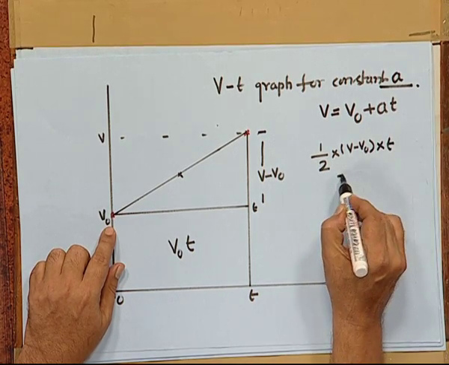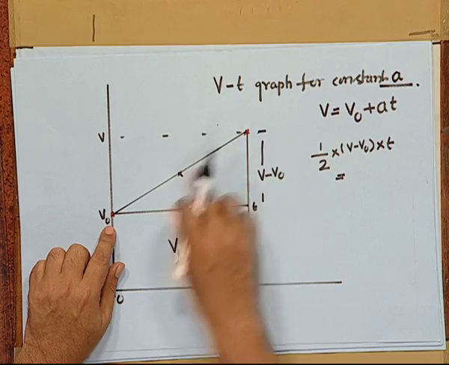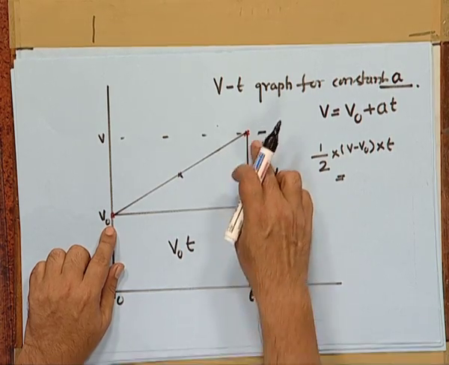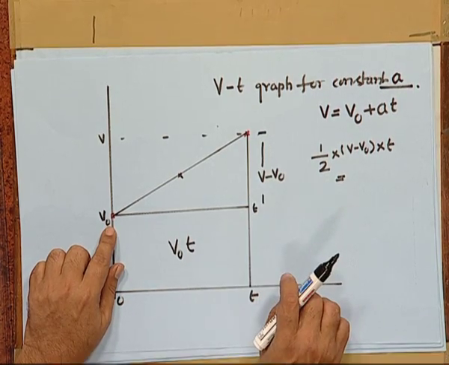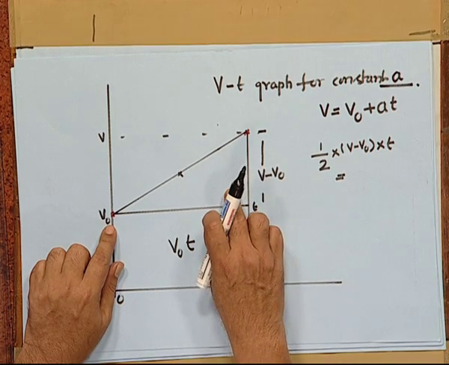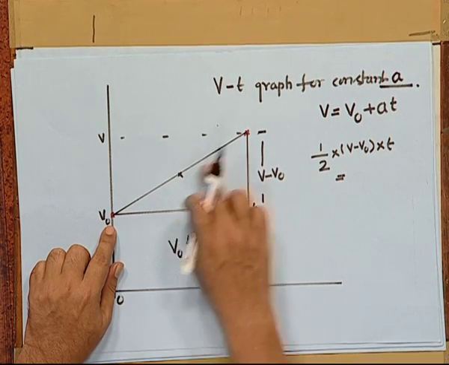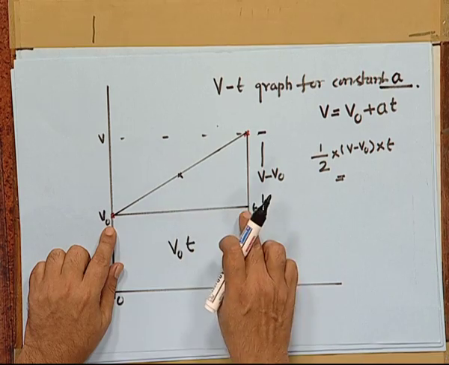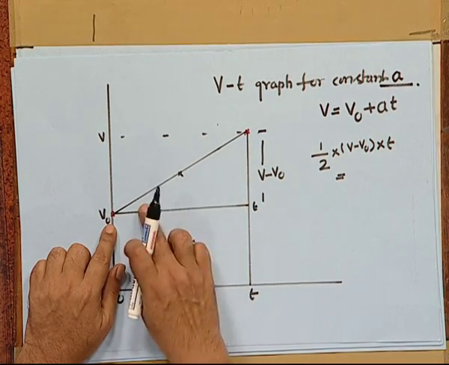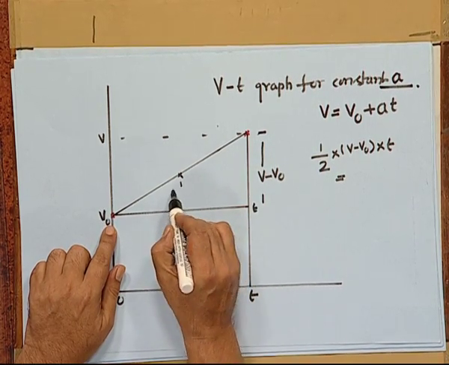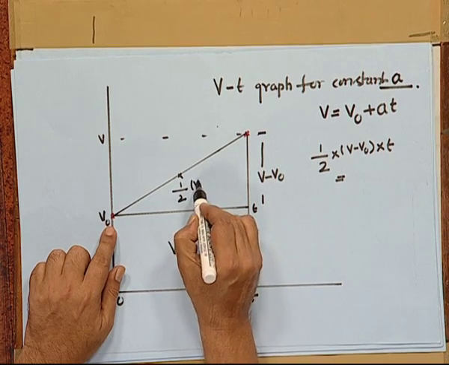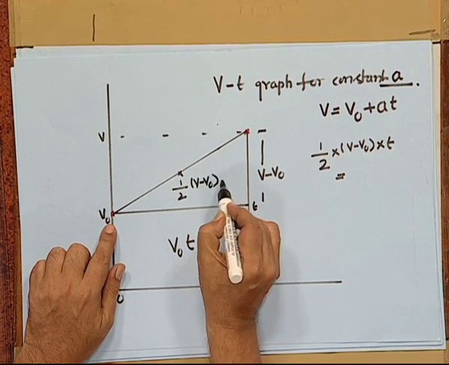This is the area corresponding to the triangle represented here in the figure. So, this is the additional displacement, which has come about because there is an acceleration. So, the area here is half into (v minus v0) into t.